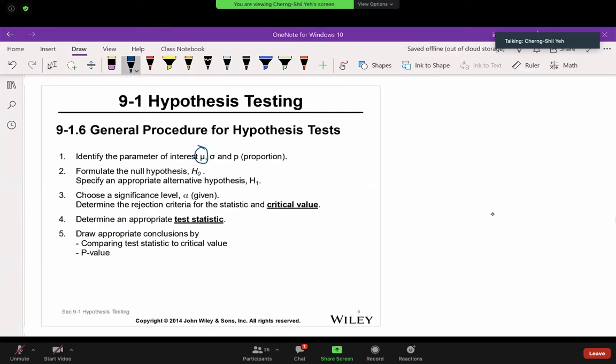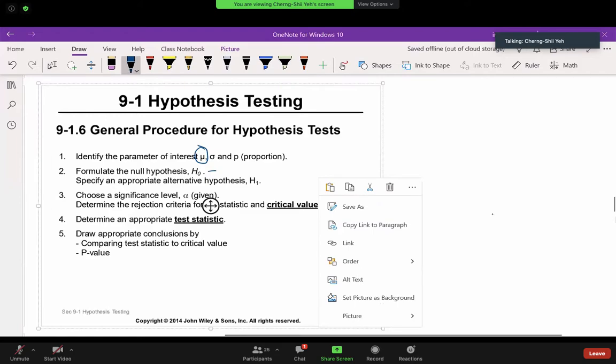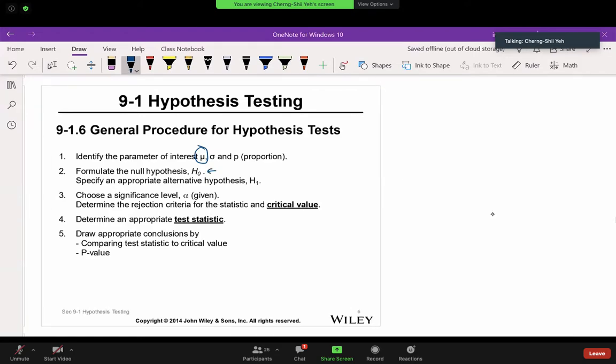Second step, based on the problem description, write down your H0 and H1, null hypothesis and alternative hypothesis. Null hypothesis is usually what we believe the current process is, while alternative hypothesis is what we're trying to prove.